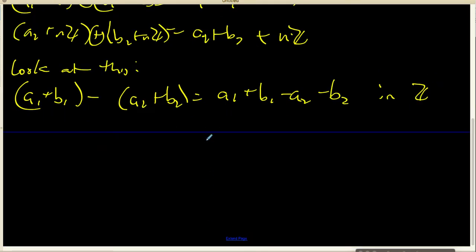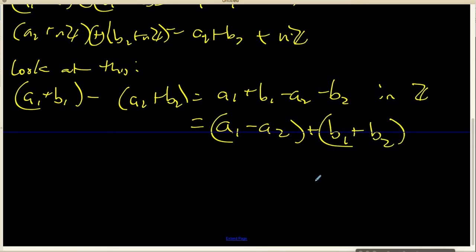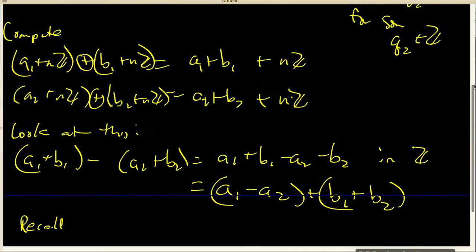But we can keep going. Because we're in Z, we know that addition is both commutative and associative, so I can rewrite that sum as (a1 - a2) + (b1 - b2). And I want to recall some facts from above. We're going to go back and look at them, and then I'm going to write them down.